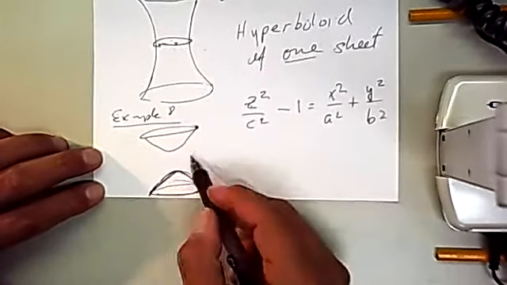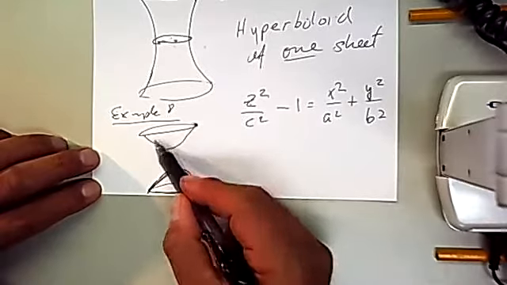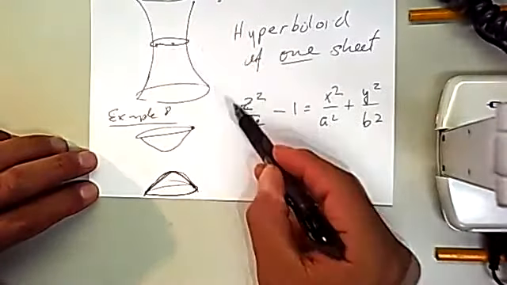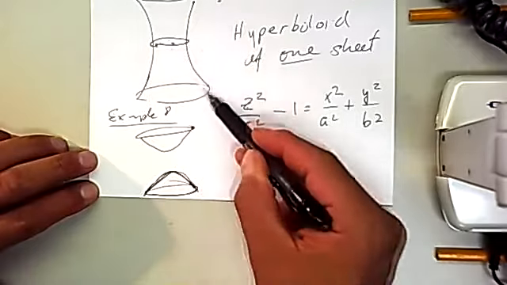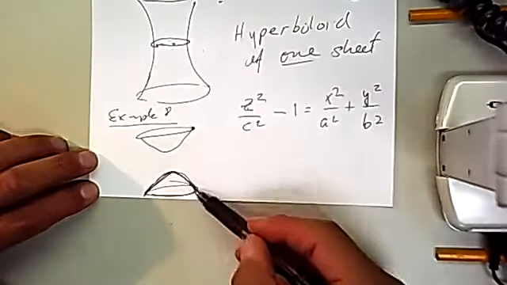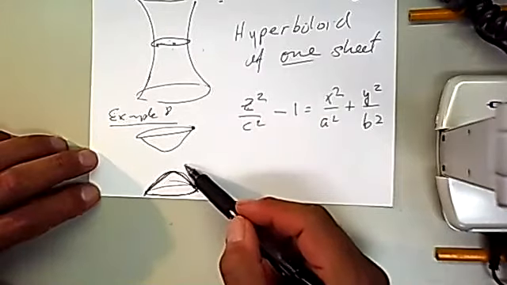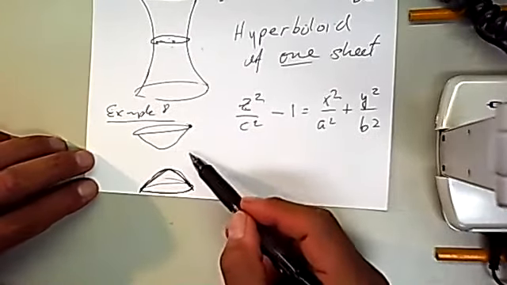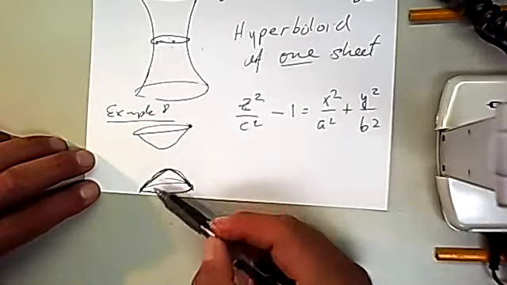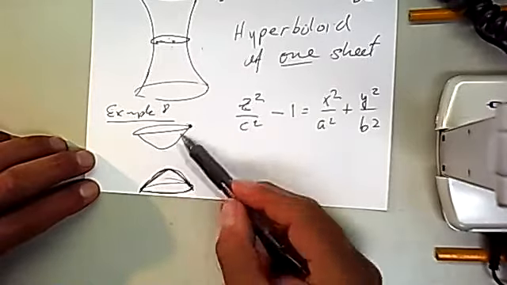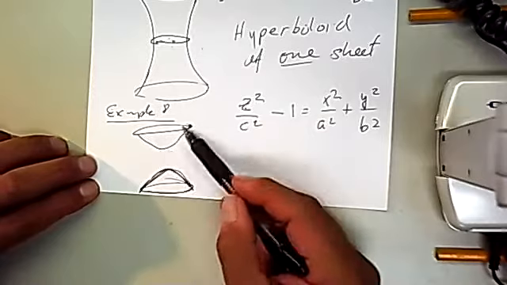I'm trying to make them a little bit like a V because as a hyperboloid, this has a straight asymptote, and so does this. So we got two cups facing each other. Neither one is a paraboloid. They are hyperbolas. It's a hyperbola shape.